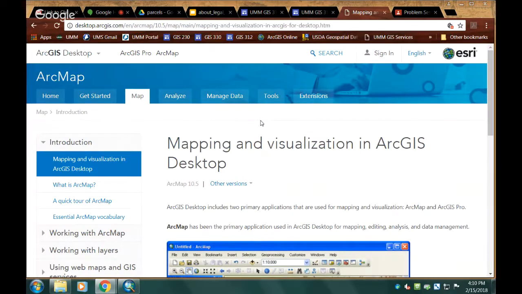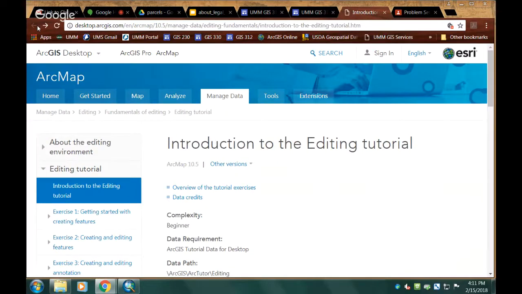If you go back to the website where you activate your ArcGIS code, they'll give you an opportunity to download the tutorial data. It's pretty big, like 1.6 gigabytes, so I did not want to make you download the whole thing, but it's there if you want it. So I downloaded the whole thing, extracted just the editing piece, and then posted the editing data for you where you can find it. Does that make sense?